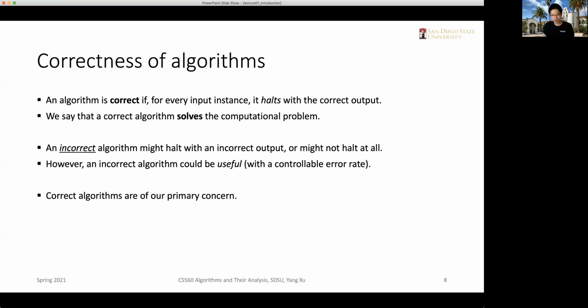The textbook, in the chapter on greedy algorithms, provides some formal ways to prove the correctness of greedy algorithms. But I think the mathematical techniques involved in those formal proofs are beyond the scope of this course.